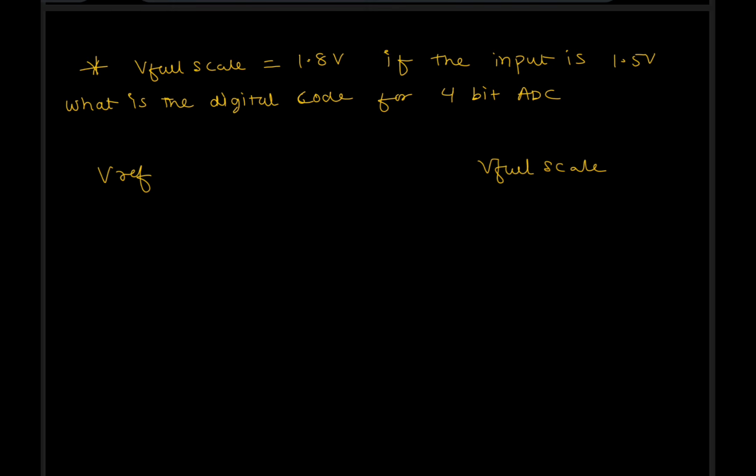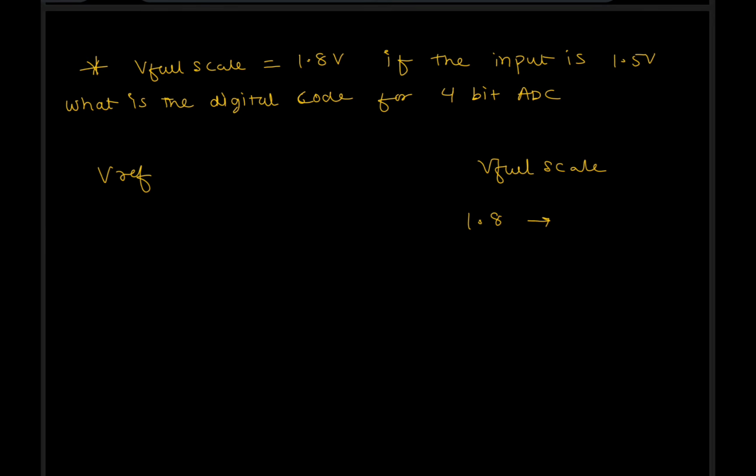In this question V full scale is 1.8. That means once the full scale is reached, when you give 1.8 volt, the full scale digital value will be given by the ADC.